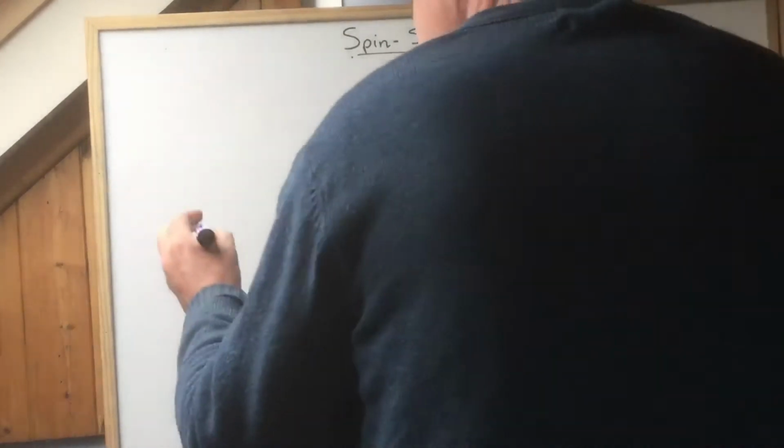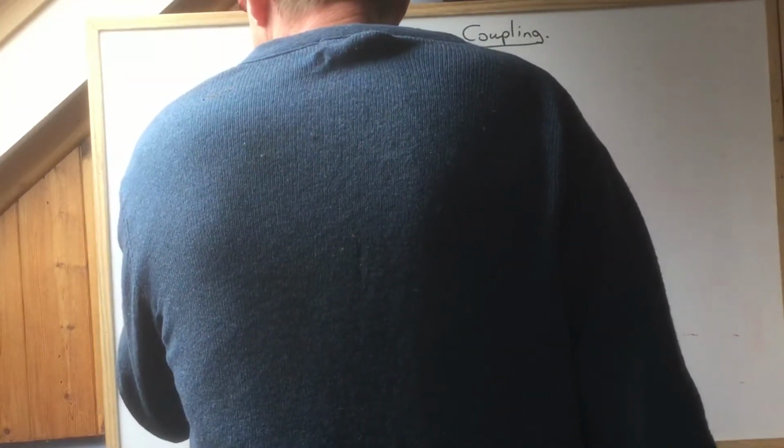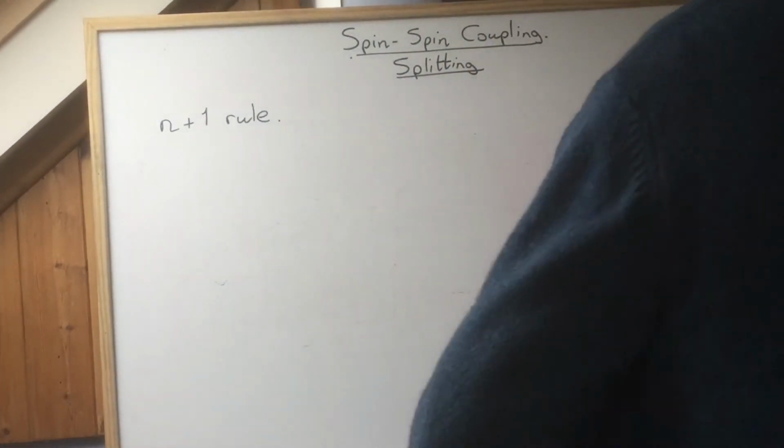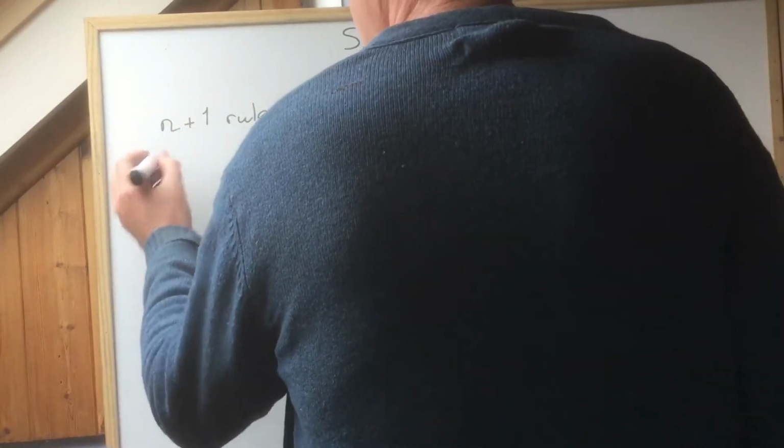It's all based on something called the N+1 rule, which you won't understand at all, totally unintelligible until we apply it. Okay? So, the N+1 rule is this.